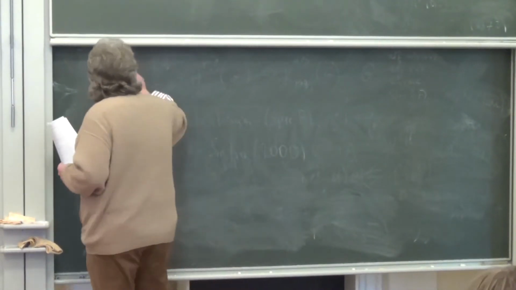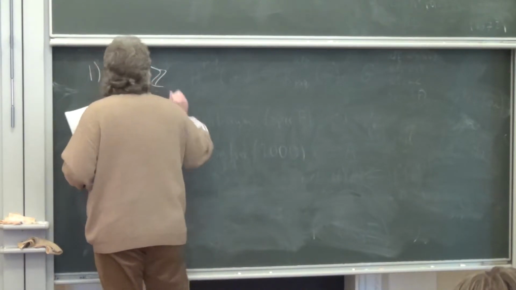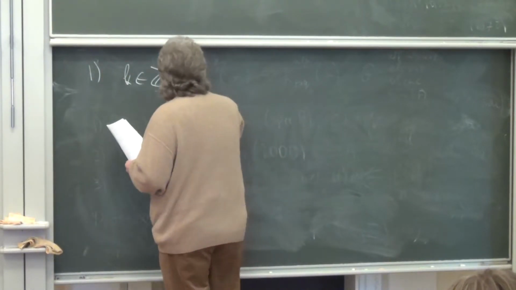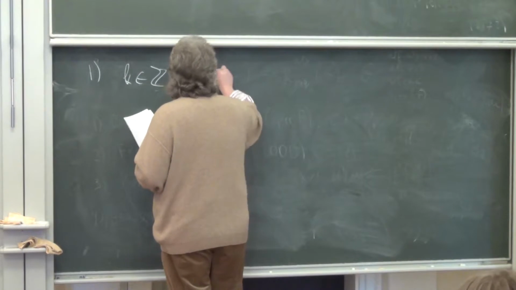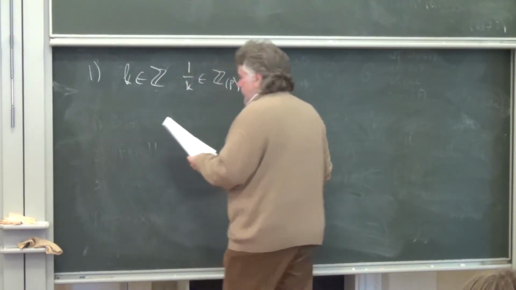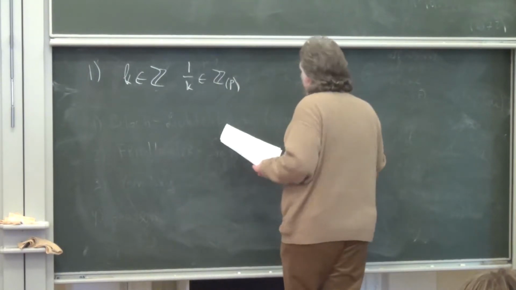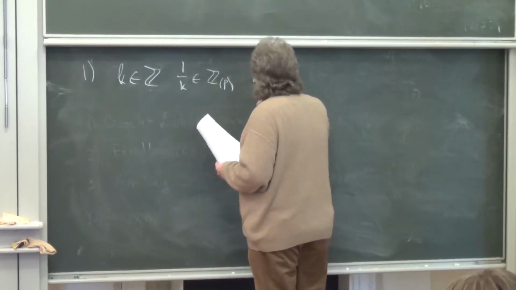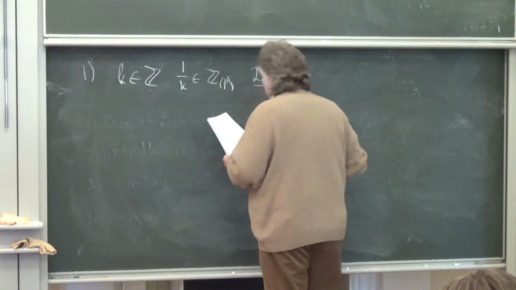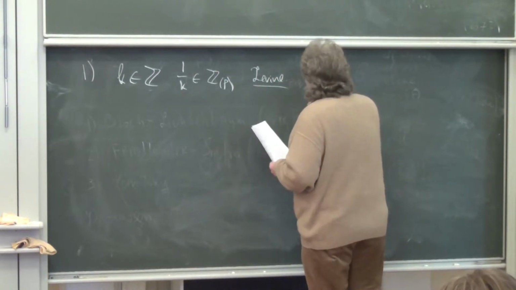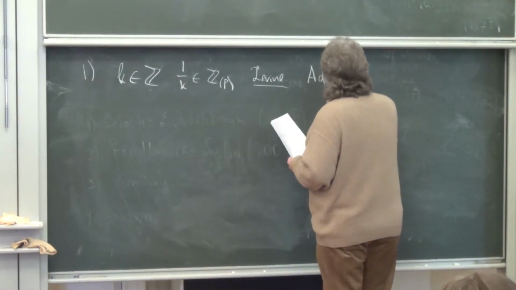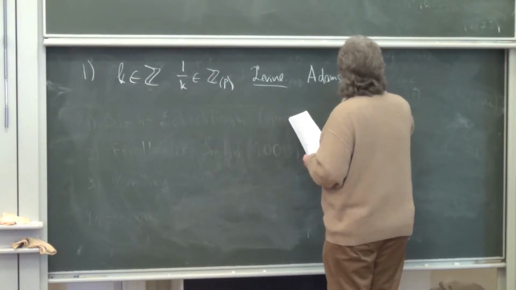So assume that we have some integer which is invertible in Z_p, in p local. Then there exists a result of Levine again. So we can construct Adams operations.